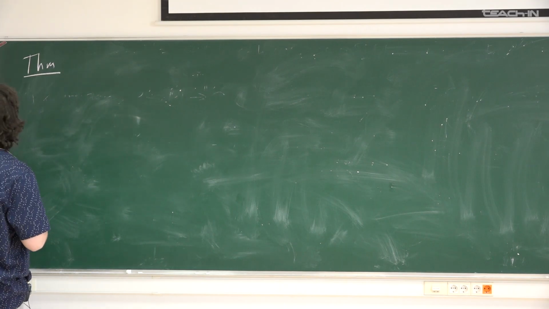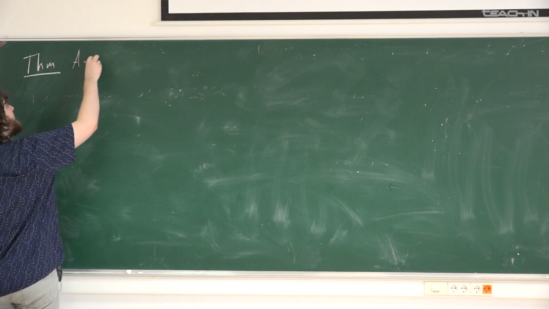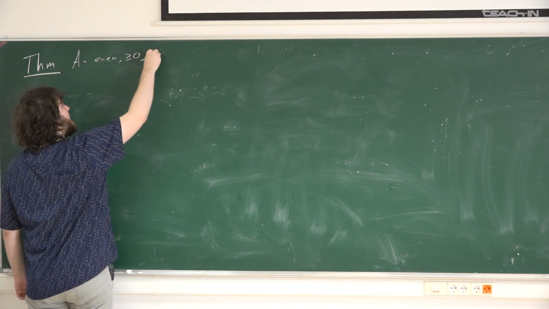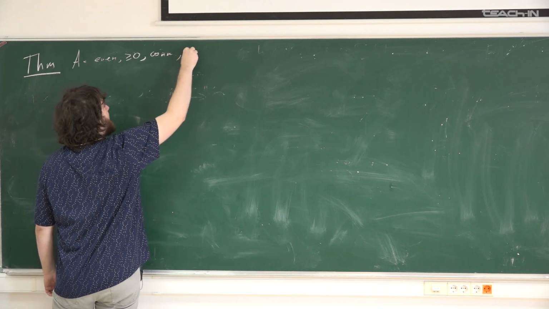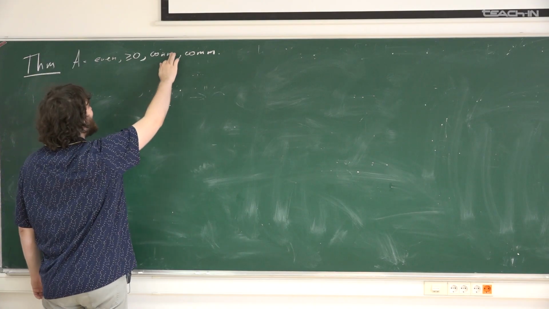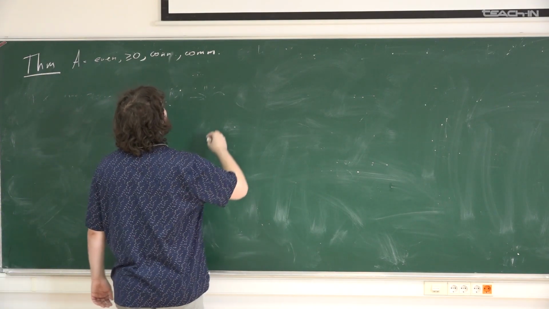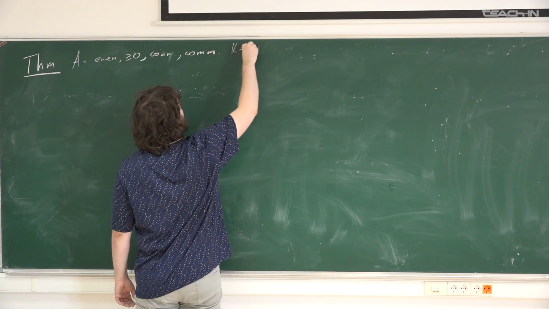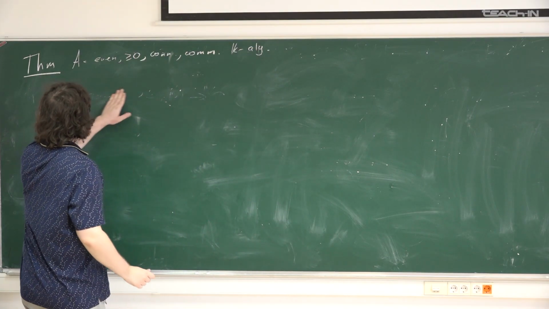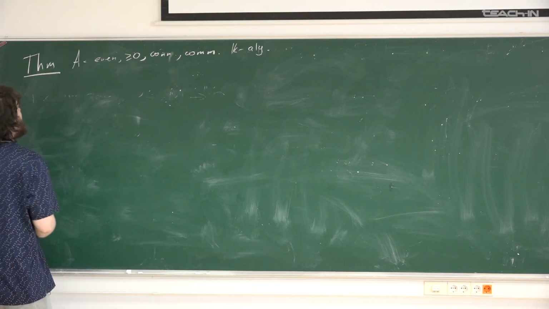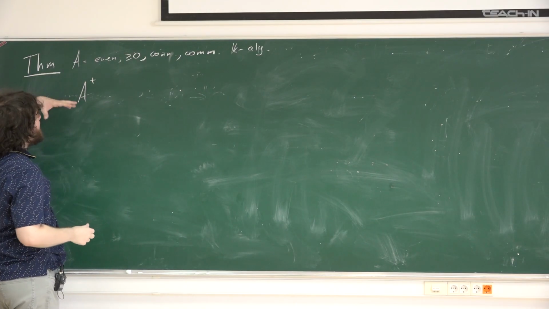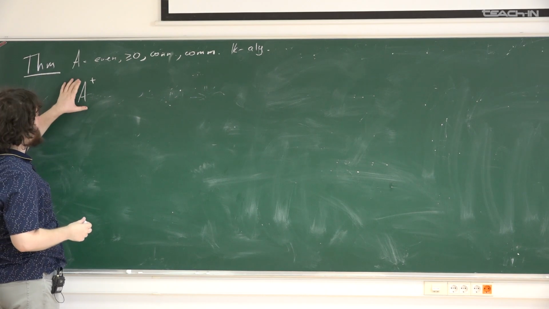Again, we have A is an even, non-negatively graded, connected, commutative K-algebra. Do not change that. Connected and commutative. Then consider A plus. It's all positively graded elements. Yes, it's an ideal.